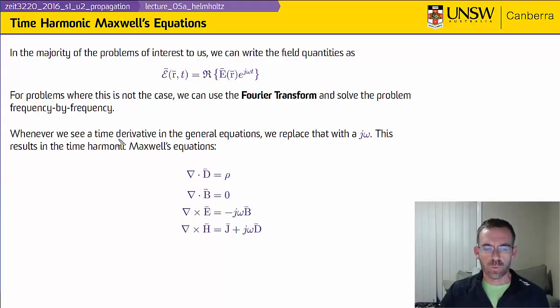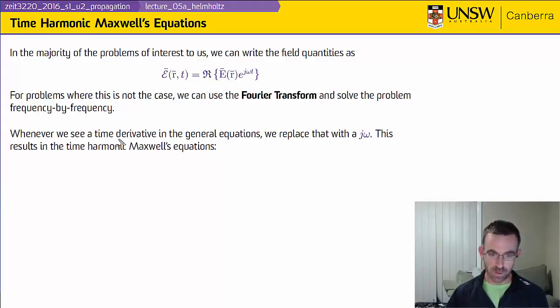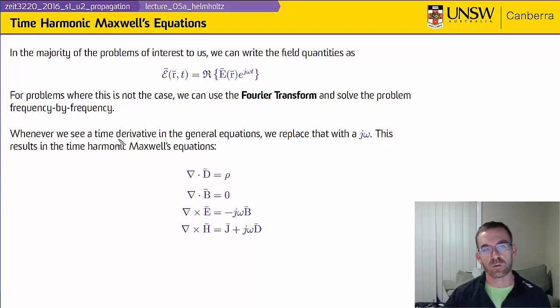So we can write down our Maxwell's equations: del dot D equals rho, del dot B equals 0. These two equations are unchanged. Okay? But we originally had in Faraday's law that del cross E was equal to minus dB/dt. Right?